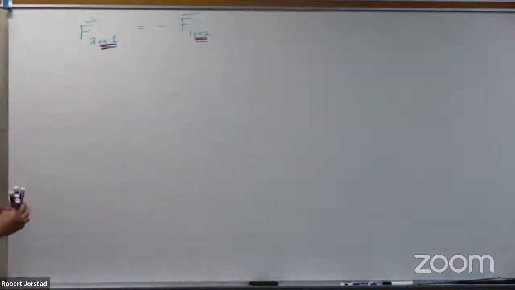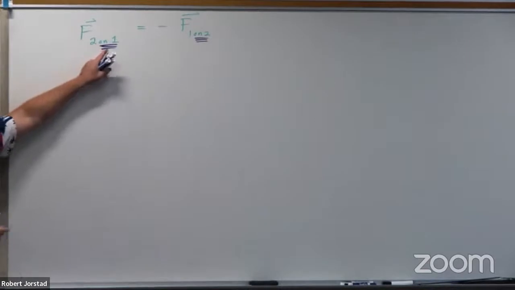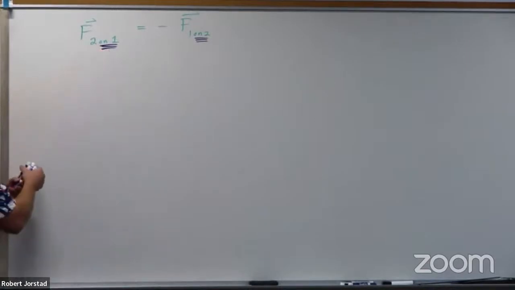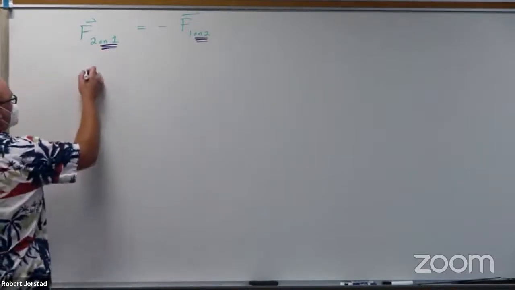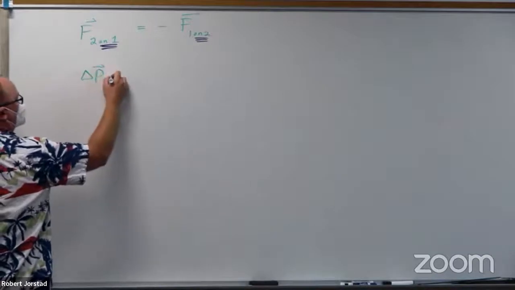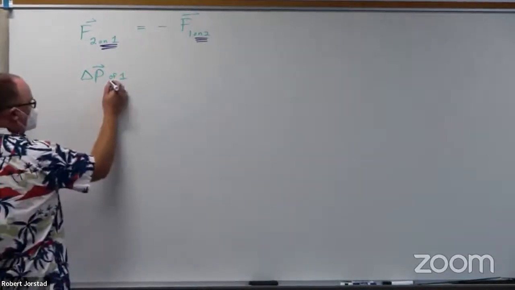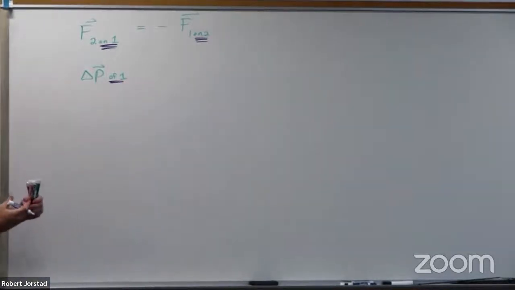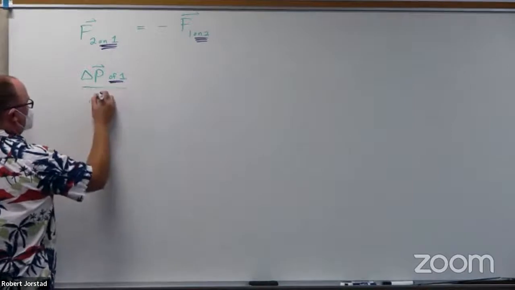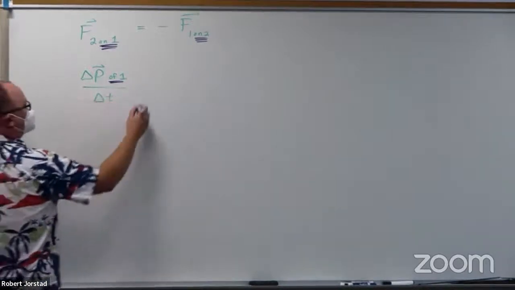If I'm exerting a force on one, I'm changing the momentum of one. Right? Forces on one are going to change the momentum of one. All right? And that's going to happen for some amount of time.